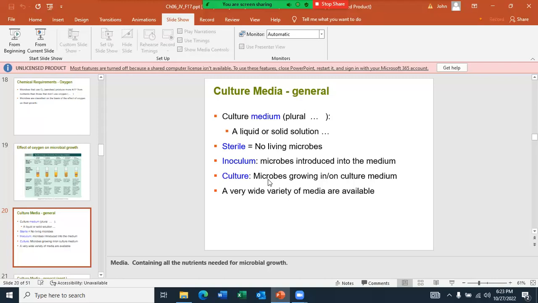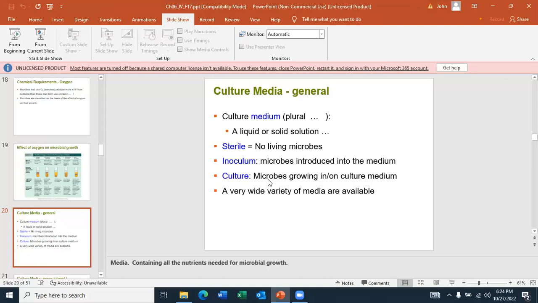When we're talking about media, you should realize in microbiology, we have a very large number. The book is about that thick, and a good size book, about that size, listing the different types of media we have available in microbiology.